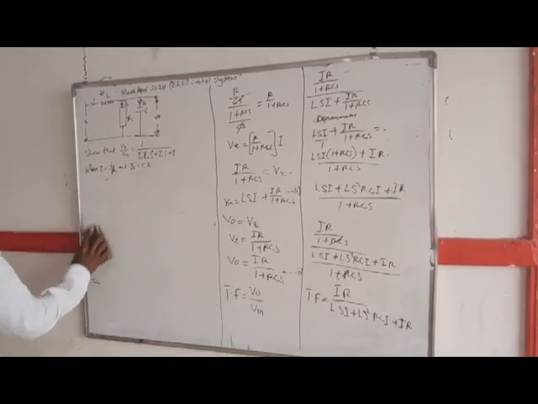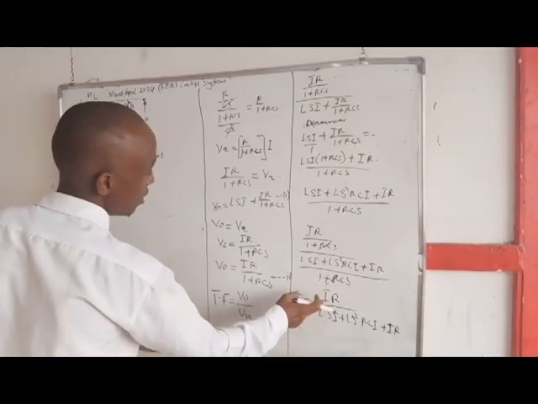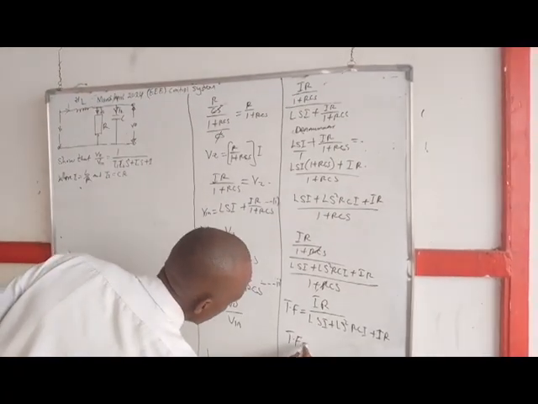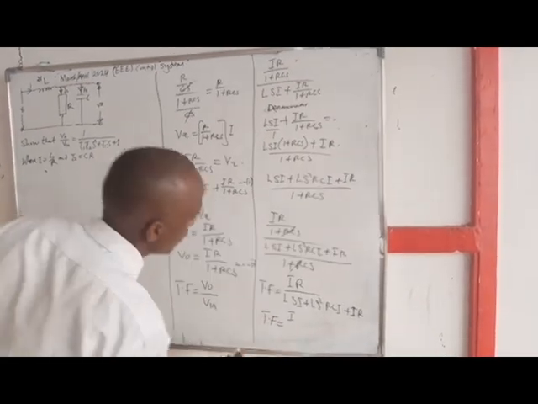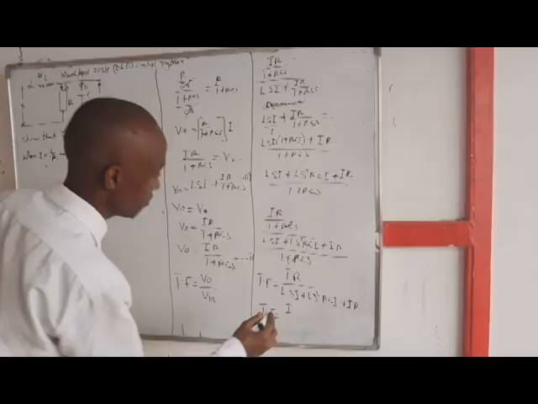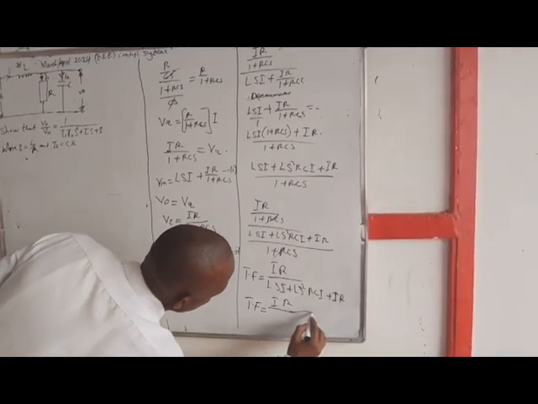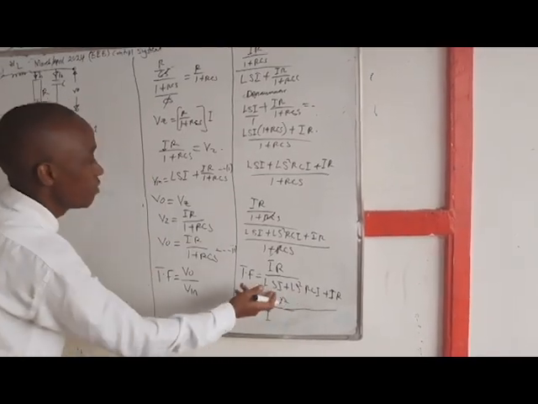Now, remember, the current here is common. Now we can say our TF is equal to IR divided by, I is common. It is a common factor. We factor it out.